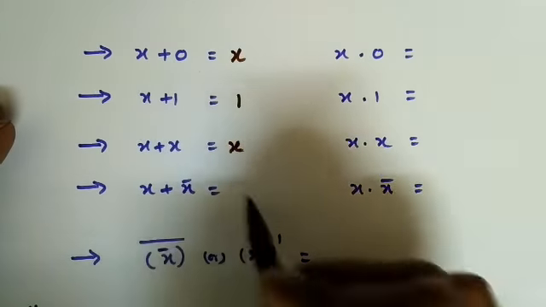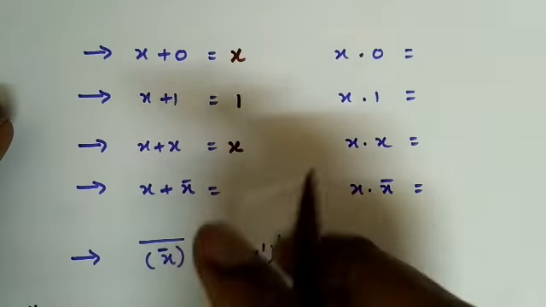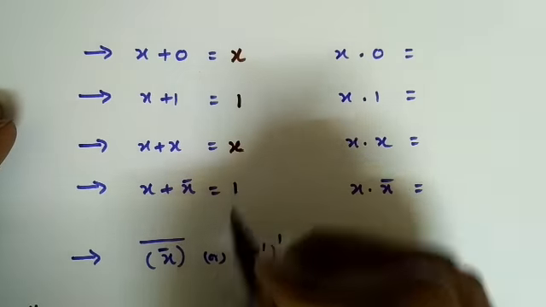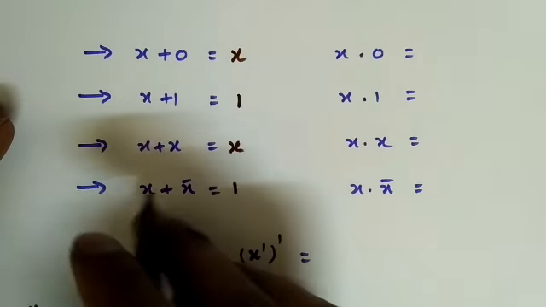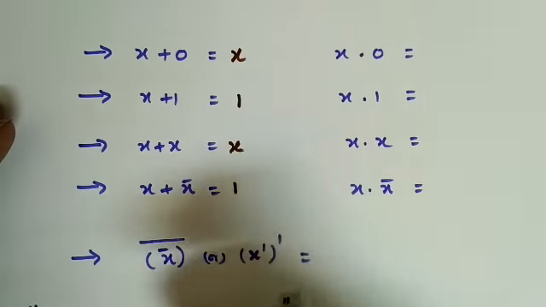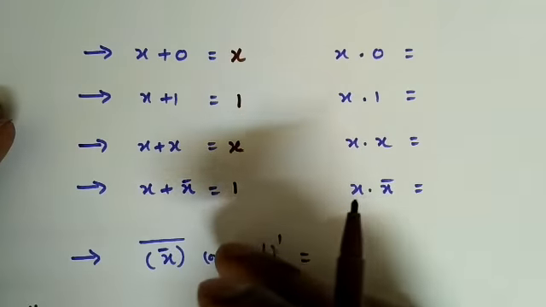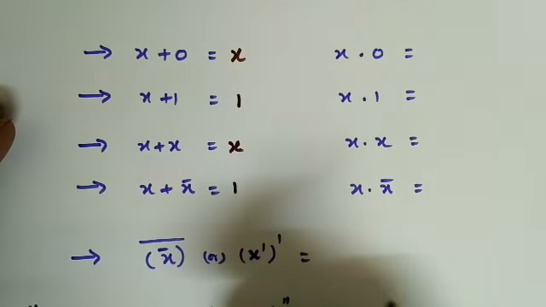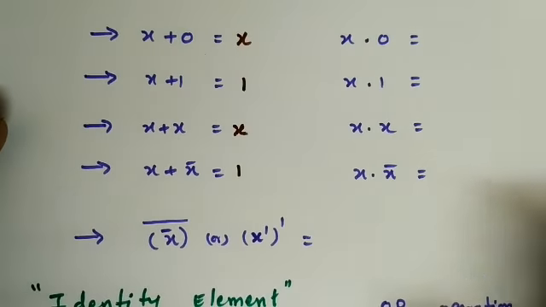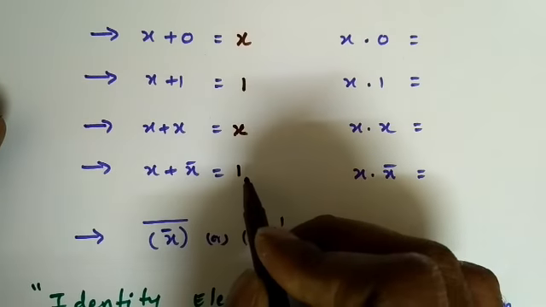Now this is most important: x plus x bar is equal to 1 only, right? This is a very, very important axiom. When we do simplification of any logical functions, generally we use this type of theorem or axiom, that x plus x bar is always 1.